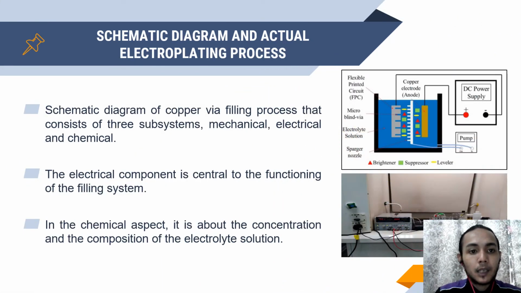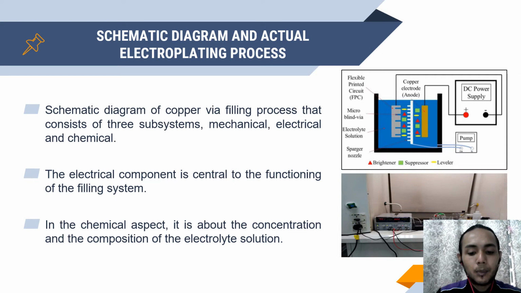This is the schematic diagram and actual electroplating process. As shown in the figure, the schematic diagram of the copper via filling process consists of three subsystems, which are mechanical, electrical, and chemical.